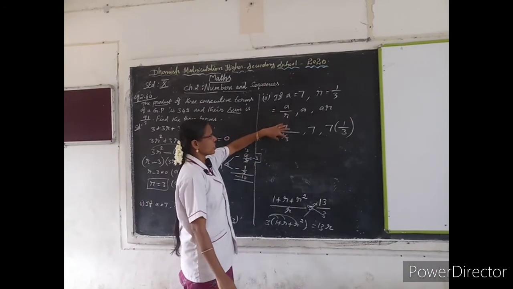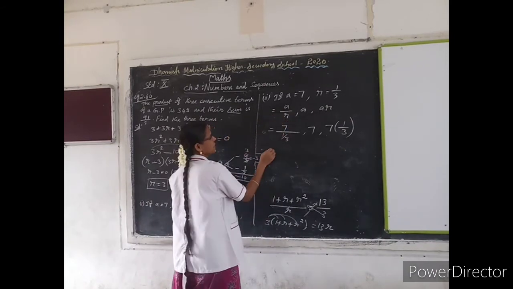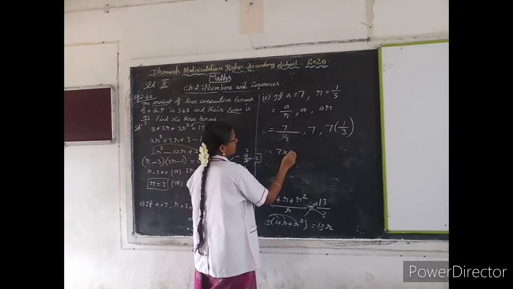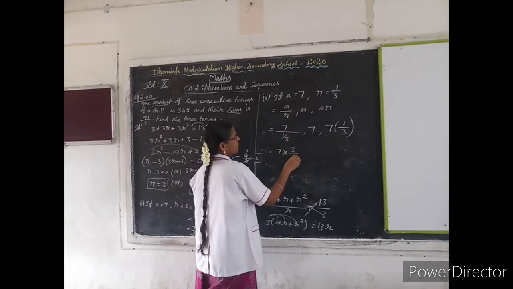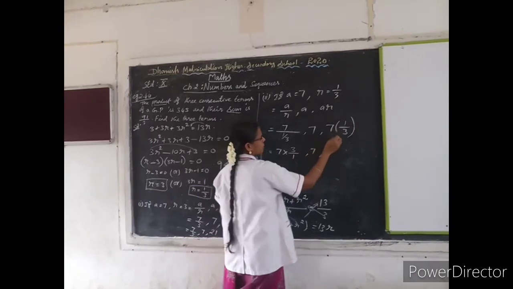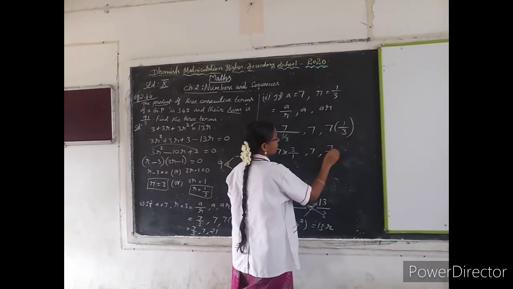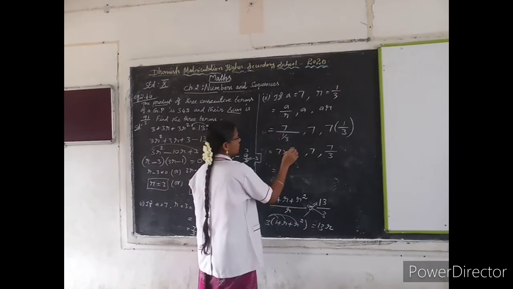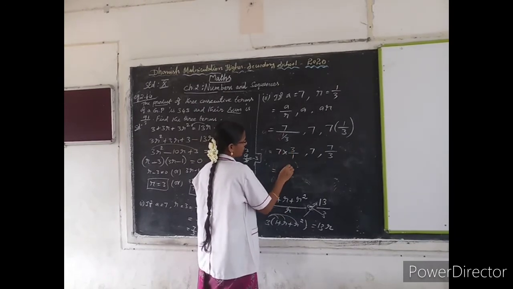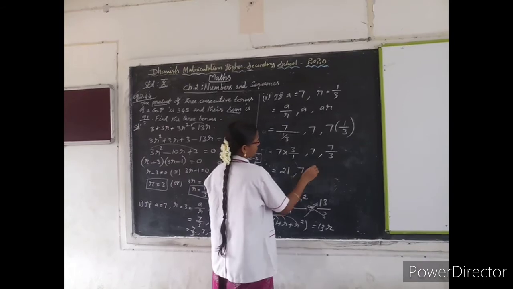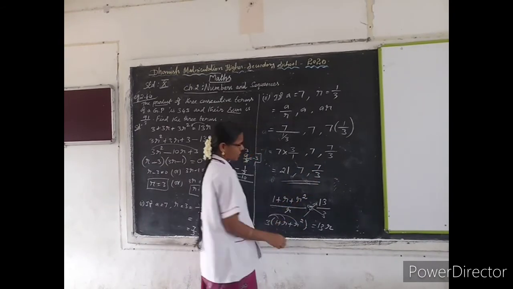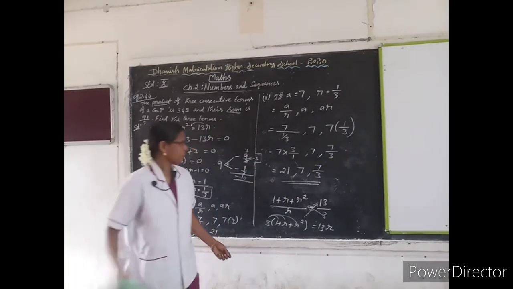Numerator is one number, denominator is one fraction. So 7 into the reciprocal of this denominator fraction, comma 7 into 1, 7 by 3. Now the denominator is 1, so numerator is 3 sevens are 21, comma 7 by 3. This is our required GP.